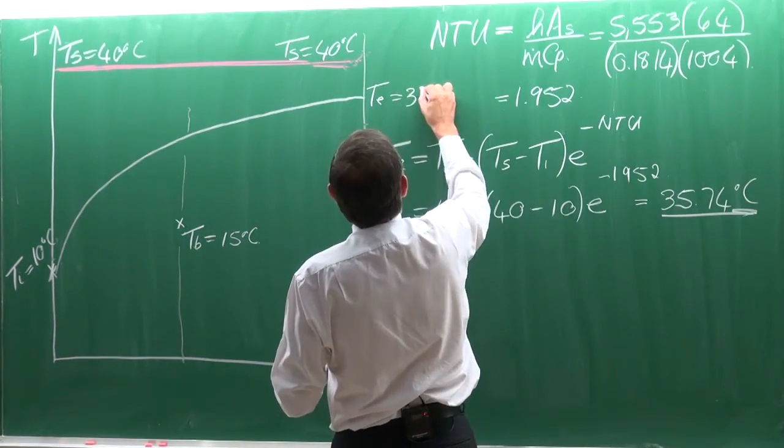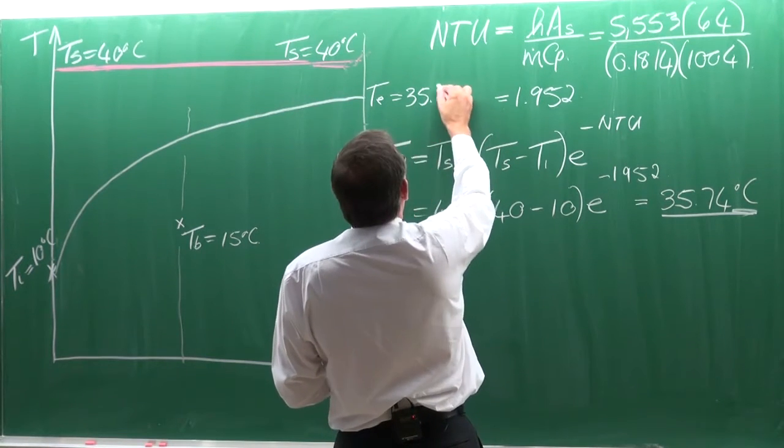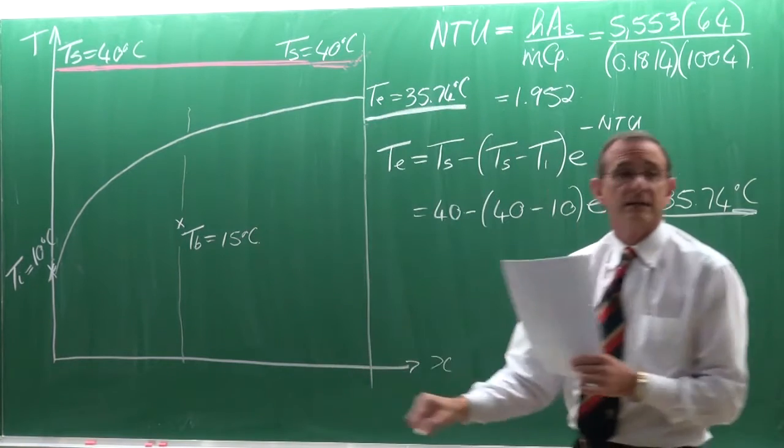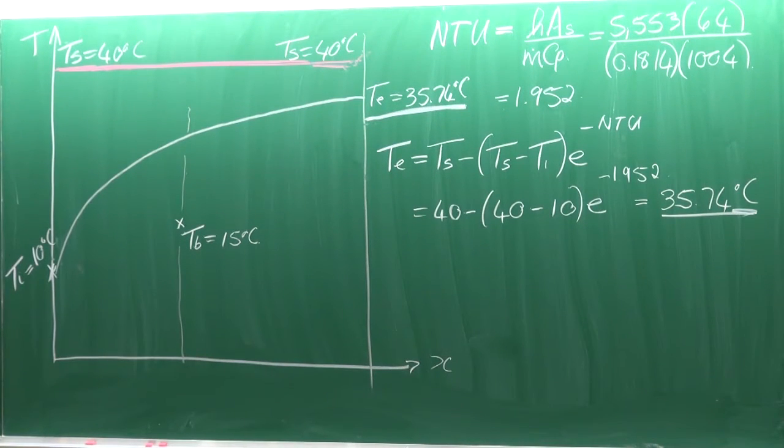Okay, so any HVAC engineer will get a heart attack. Because, I mean, you spent a lot of money to cool the air to 10, and now it's going to increase in temperature to 35, and you do not want to put air at a temperature of 35 degrees Celsius in a venue like this.